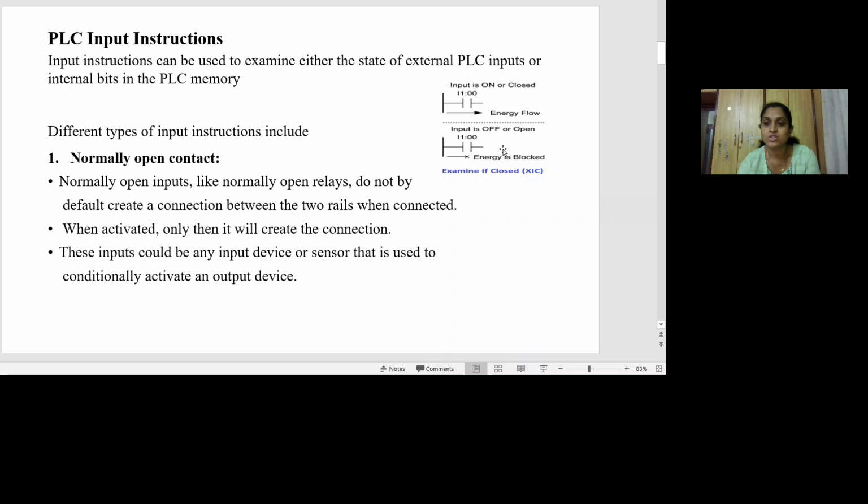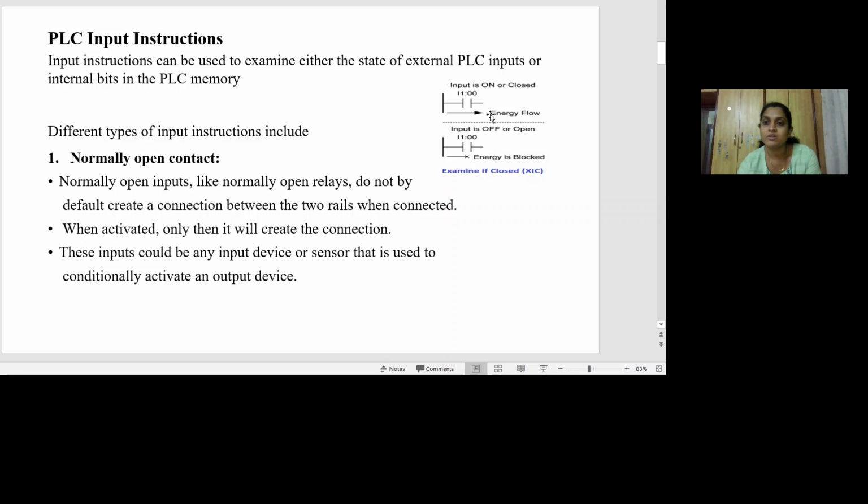Whenever this contact is energized, that is, the contact closes, it establishes a connection between the two power rails. Hence, the current can flow from one rail to another rail and power will be transferred to the output coil.